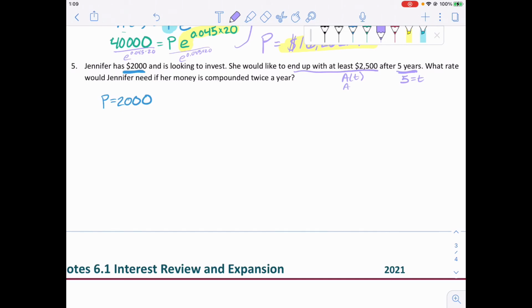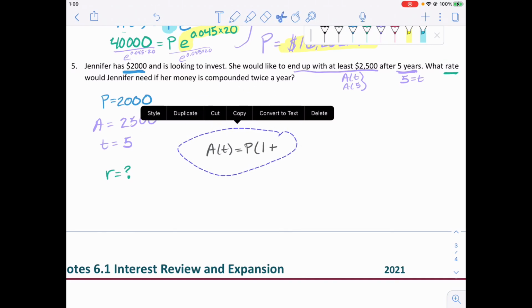So this is really a of 5. So our amount is 2,500. Our t is 5 years. And then we want to know what the rate is. So rate, question mark. And so if we put this in our formula, we've got a of t equals p times 1 plus r over n to the nt, where we have to figure out how many times we're compounding per year.